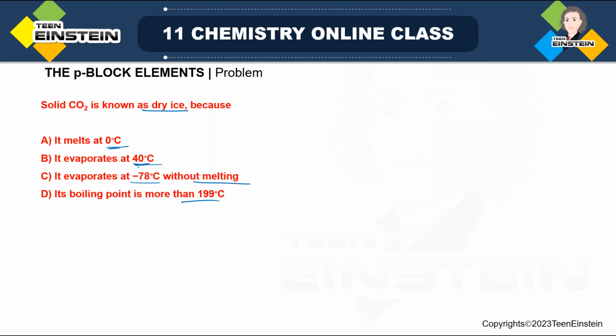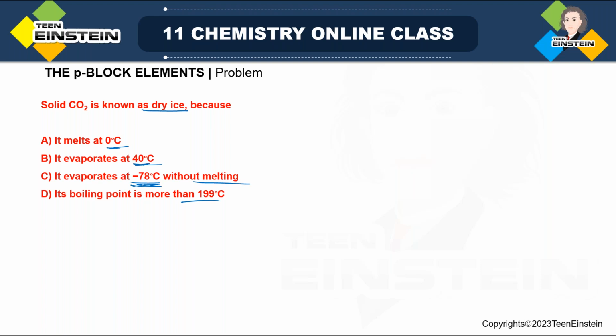Solid CO2 you can get only at very low temperature, because a compound whose physical state under normal condition is gas, when it is in solid form, just take the example of oxygen. If you want to get solid oxygen, the temperature has to be very, very low. So it cannot be 0 or 40.